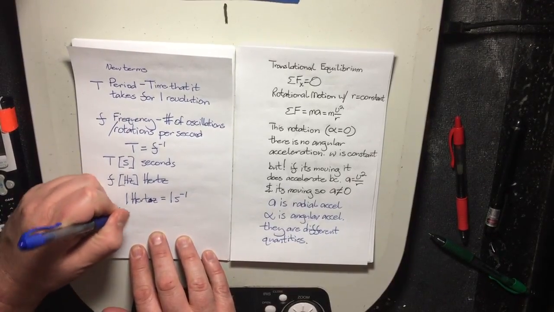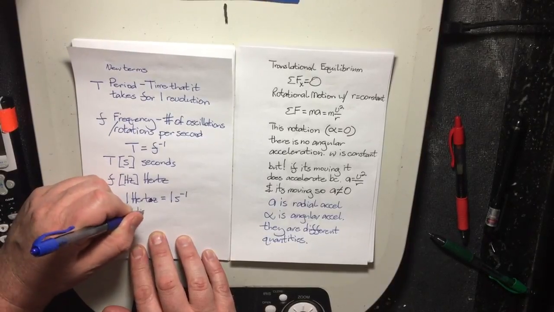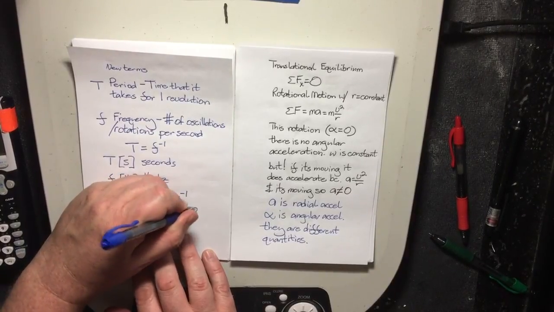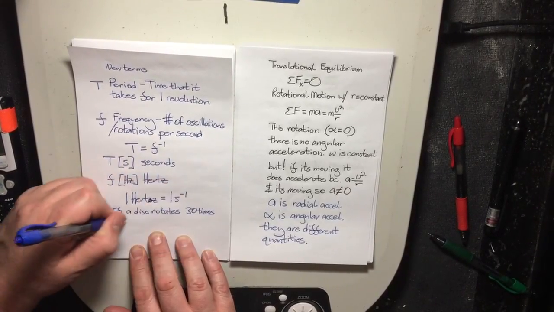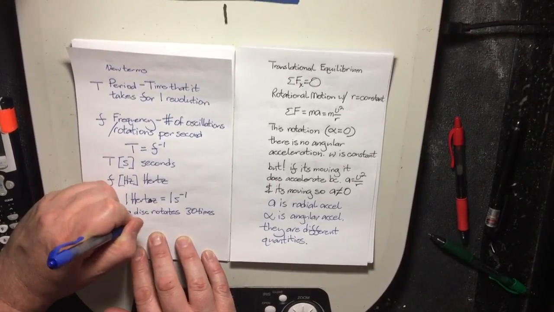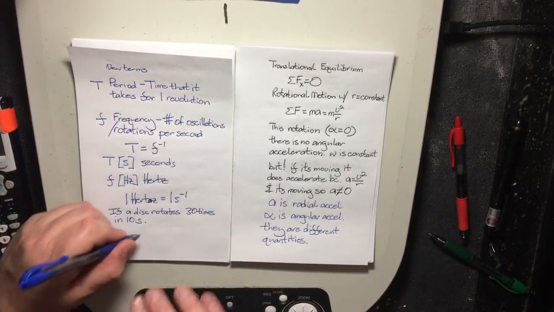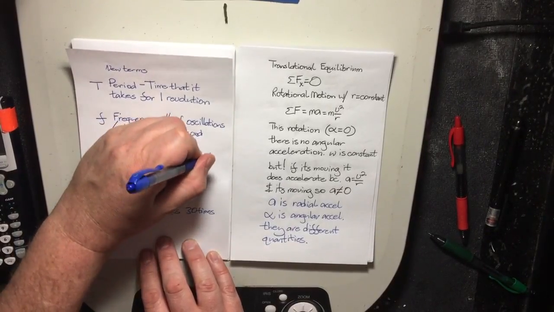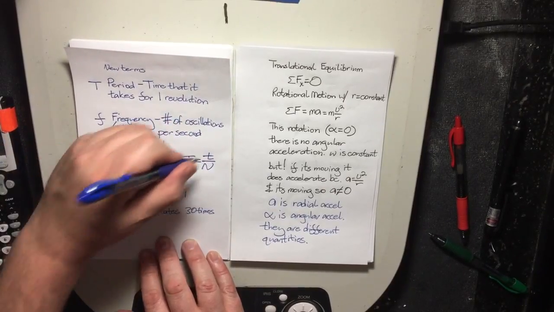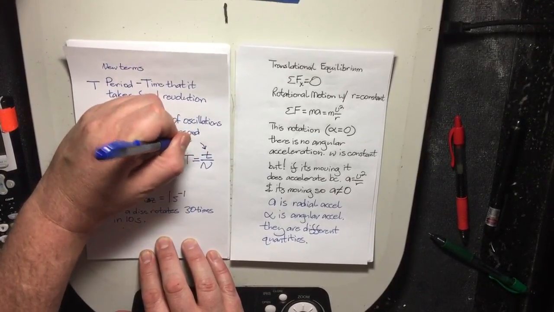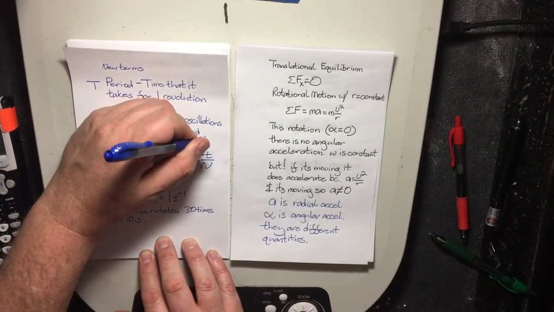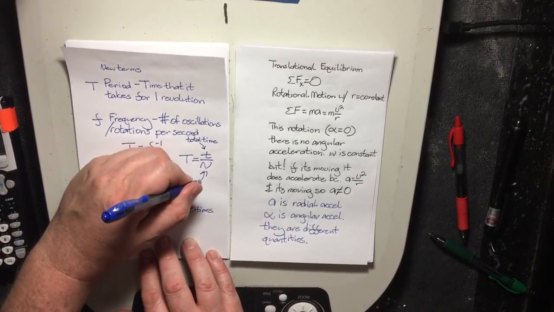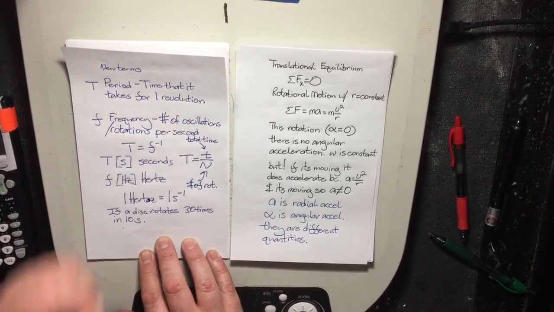If a disk rotates 30 times in 10 seconds, the period is little t divided by n, where little t is the total time and n is the number of rotations.